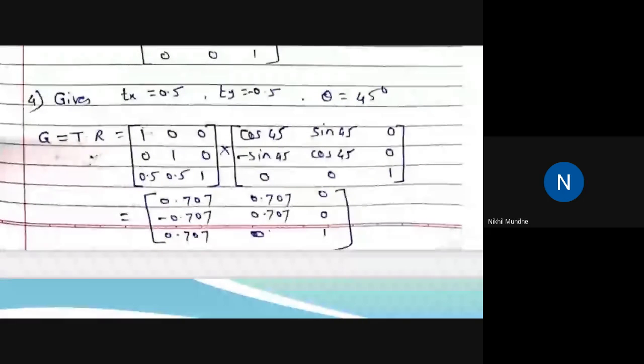Okay, so start writing the matrix. The translation matrix according to the formula is 1 0 0, 0 1 0, tx ty 1. What is tx? 0.5 and 0.5. Here I have taken the positive value by mistake.